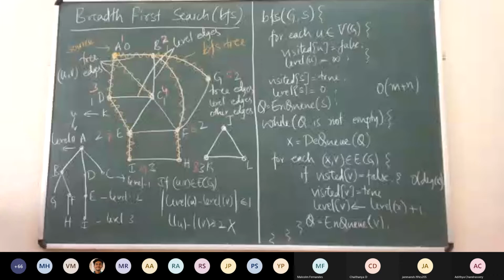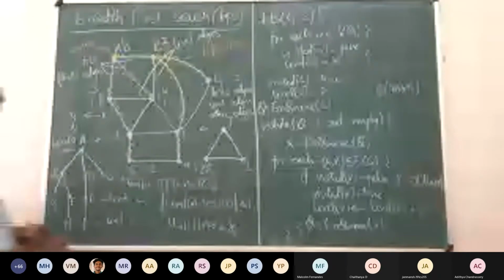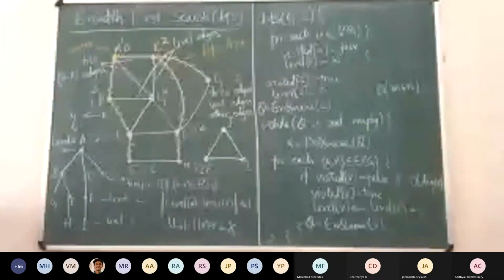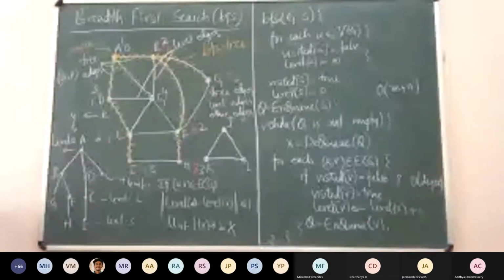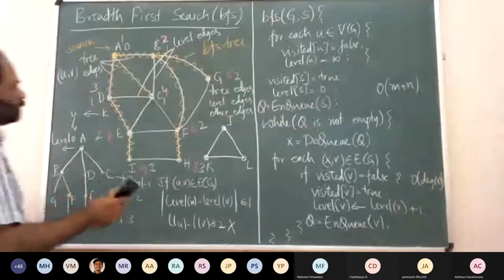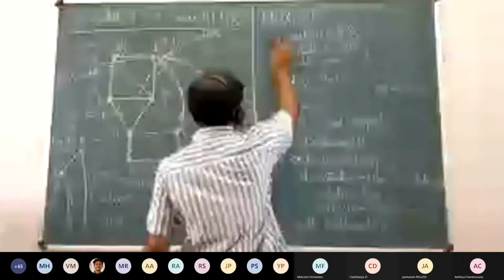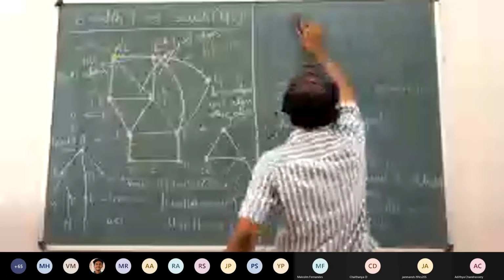Now let us try to sort of move on. So is everyone comfortable with graph traversal now? Now what we will do is use the BFS traversal in some applications.